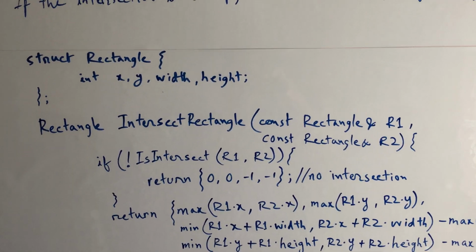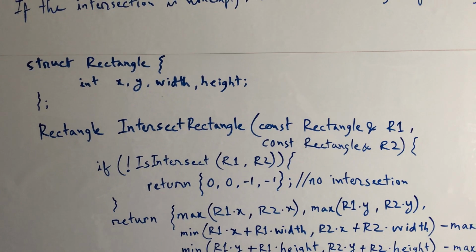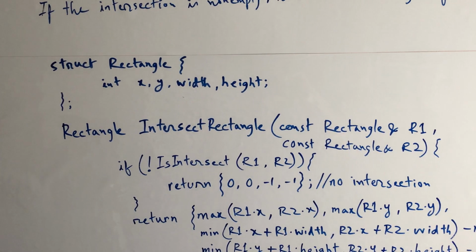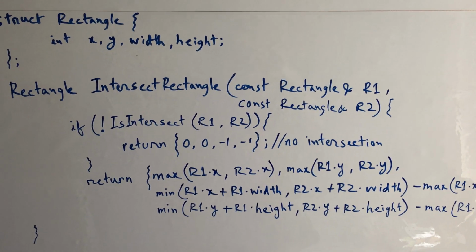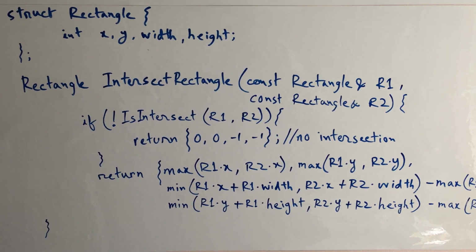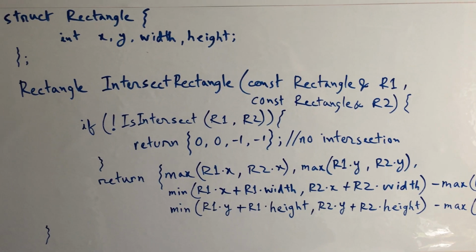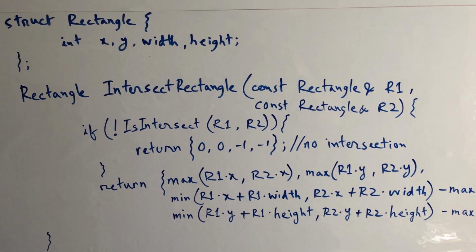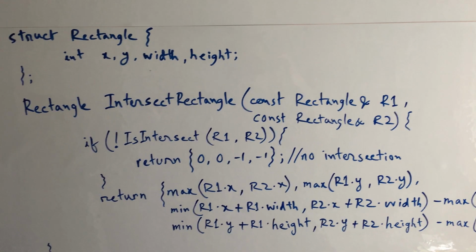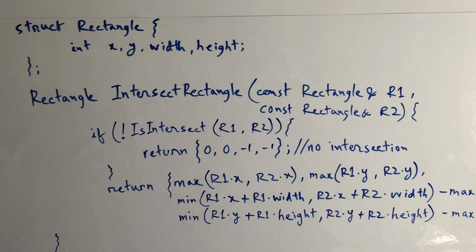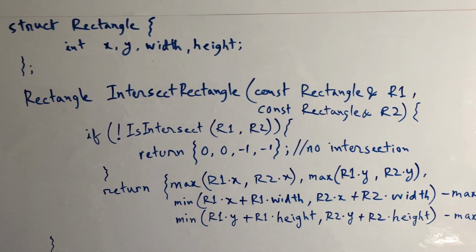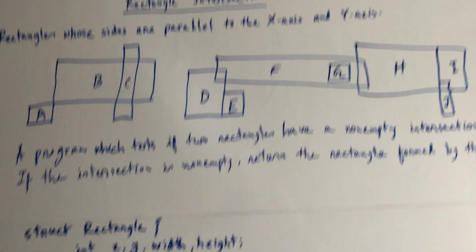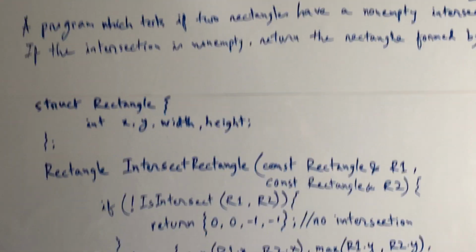So here we have a rectangle structure which has the coordinates and width and height, and we have a function that returns the rectangle, while we have two parameters that are the two rectangle structures from the set of all the rectangles that we have in the plane.